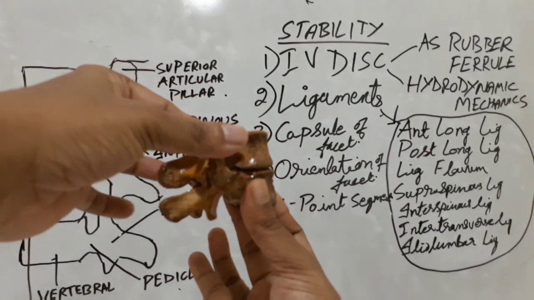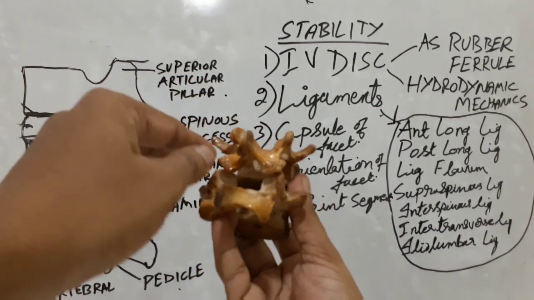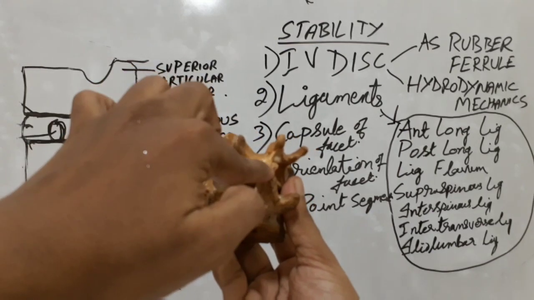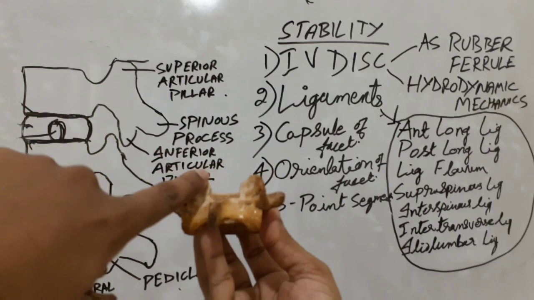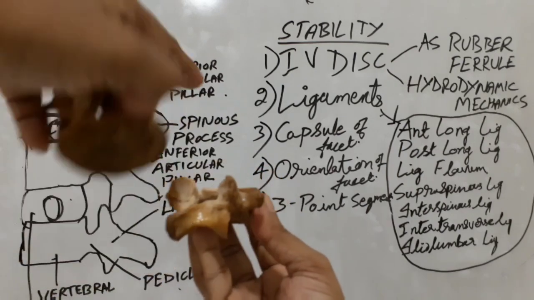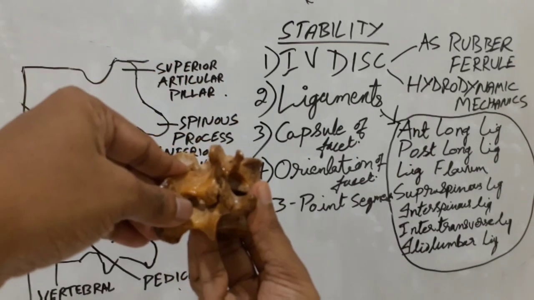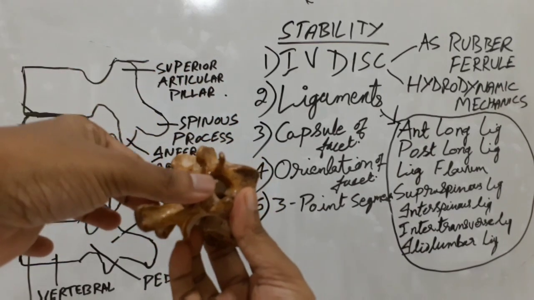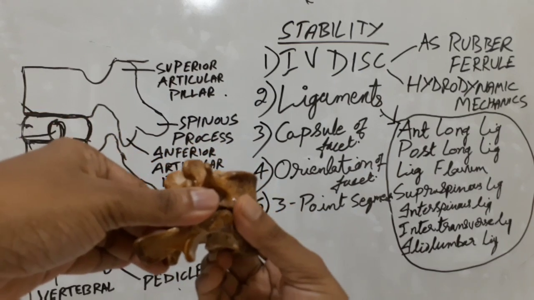It is weight bearing on 3 points. One is the interbody joint and the other 2 are the 2 facet joints. This is point number 1, point number 2, point number 3. On 3 points the weight is borne, like 20% of the weight is borne by this and 80% by this.